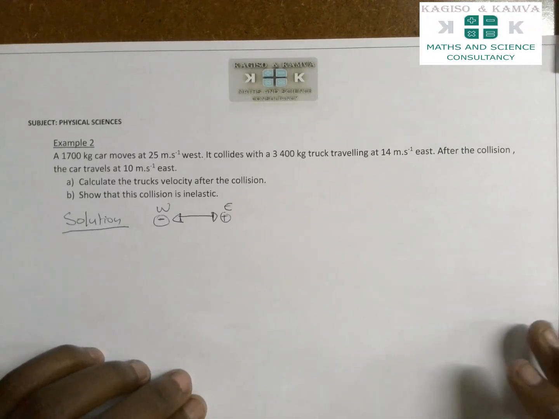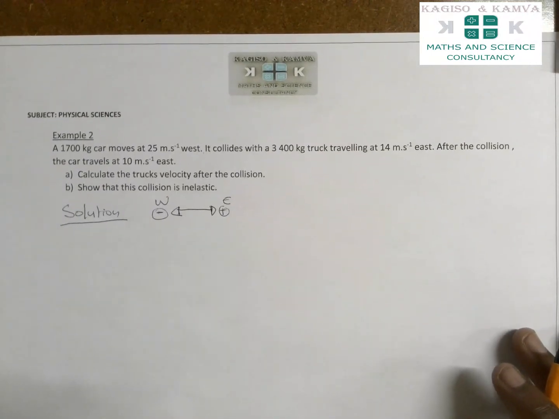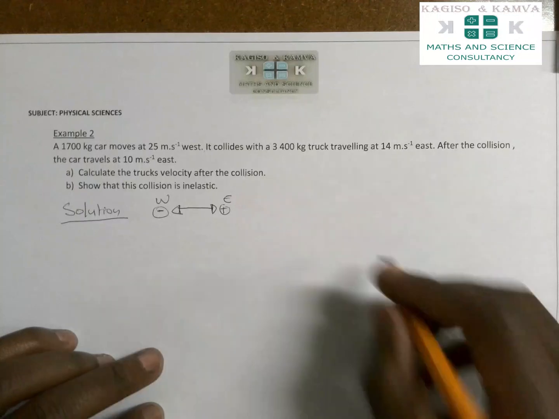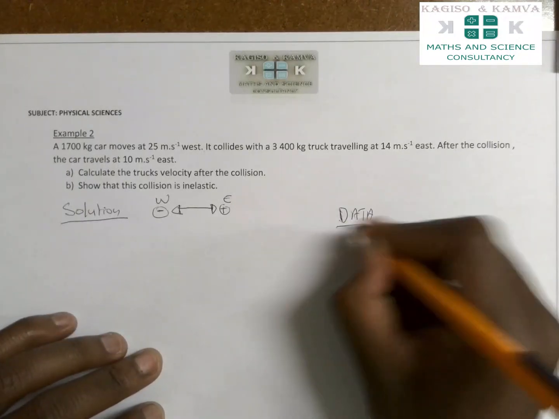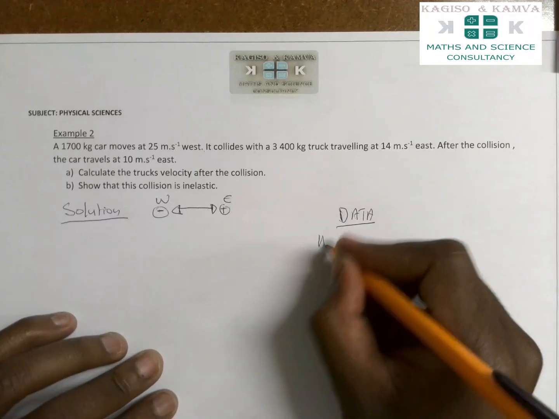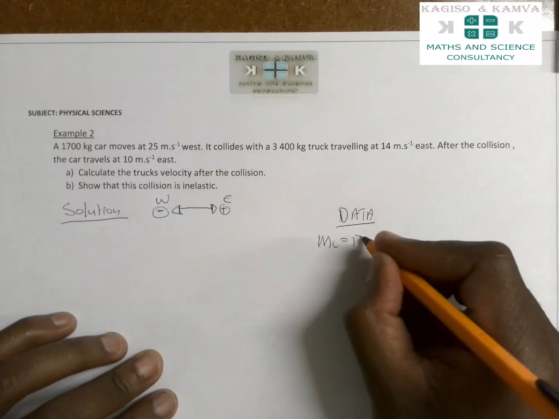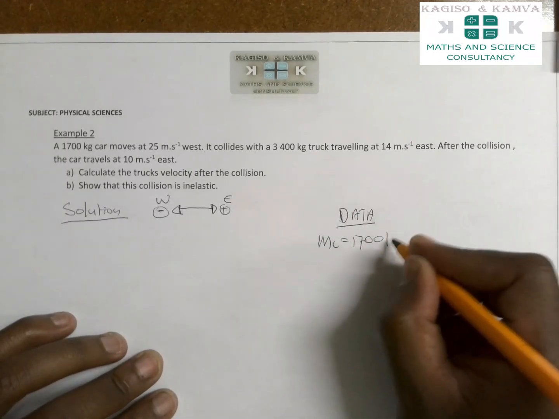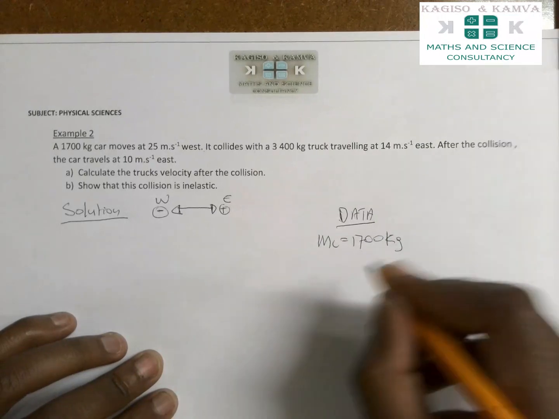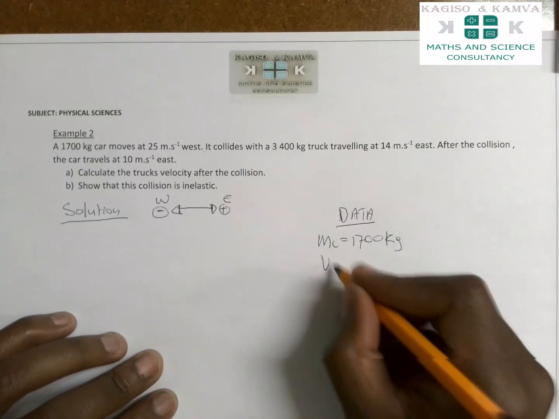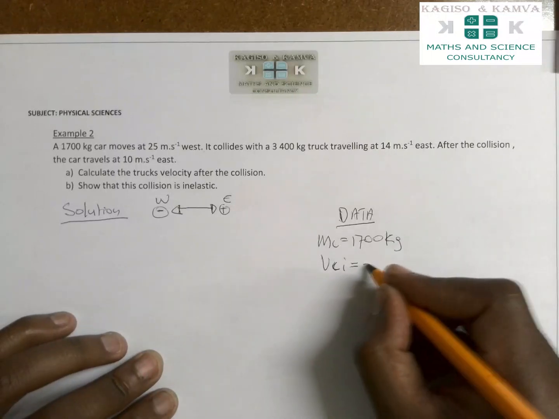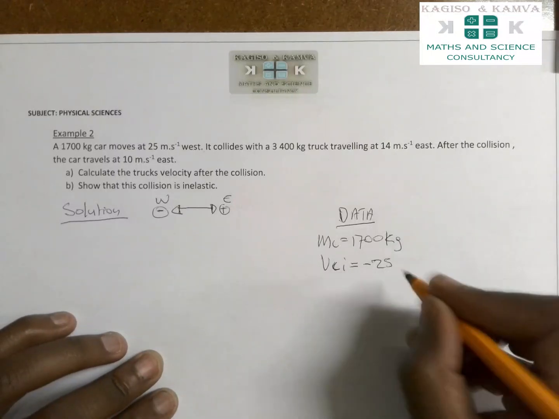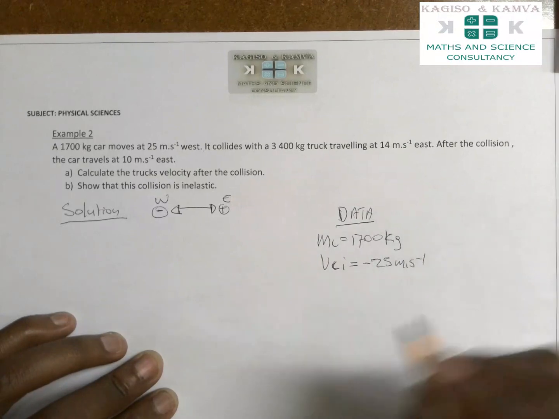Now we have to collect our data. We have the mass of the car, which is 1,700 kg, and the initial velocity of the car, which is negative 25 meters per second.